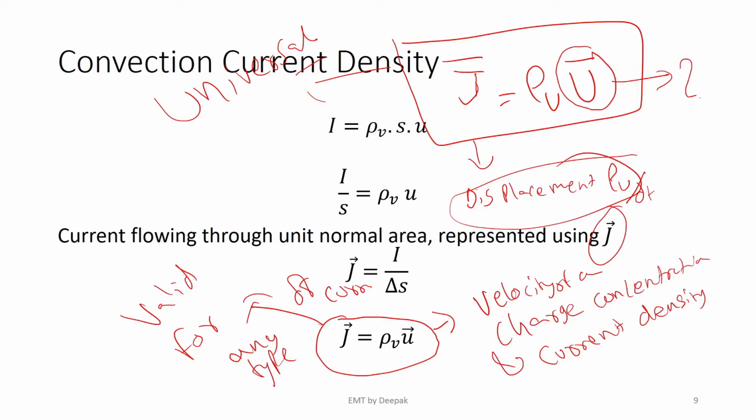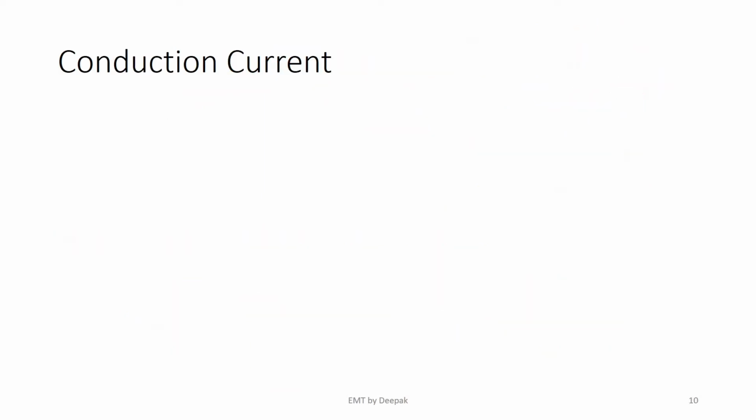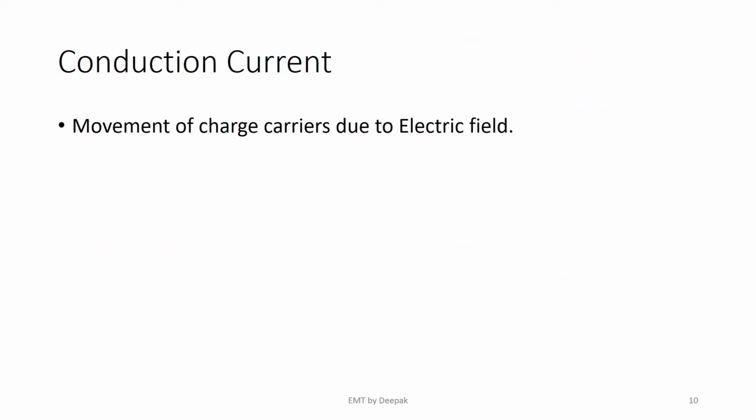This is called the convection current density. This is conduction current. Movement of charge carriers due to electric field is the conduction current. It requires mobile charge carriers, free charge carriers.